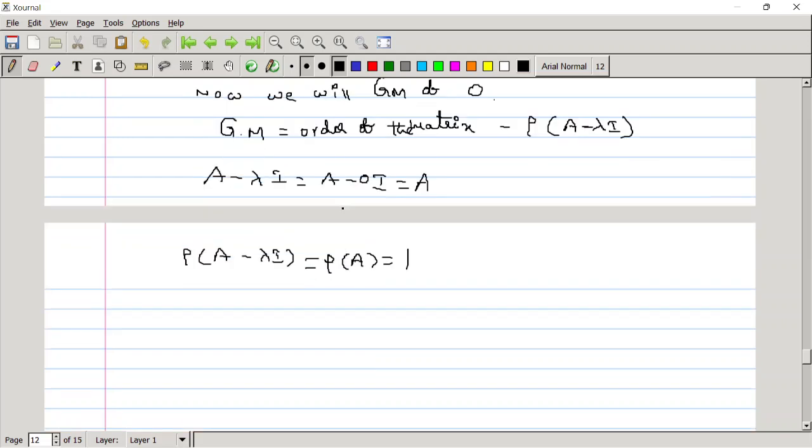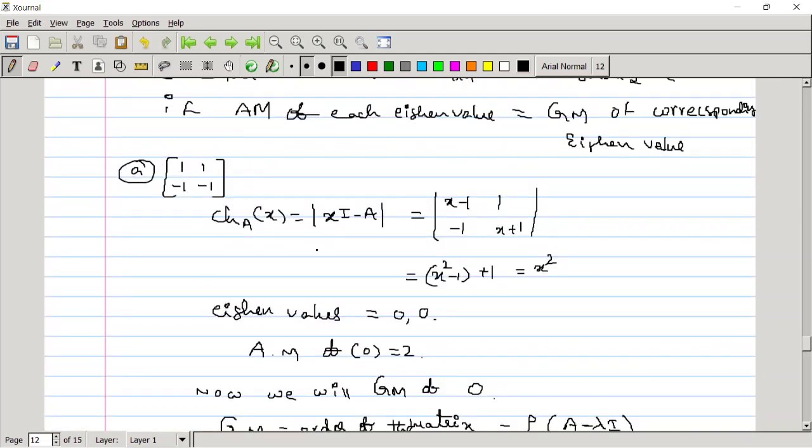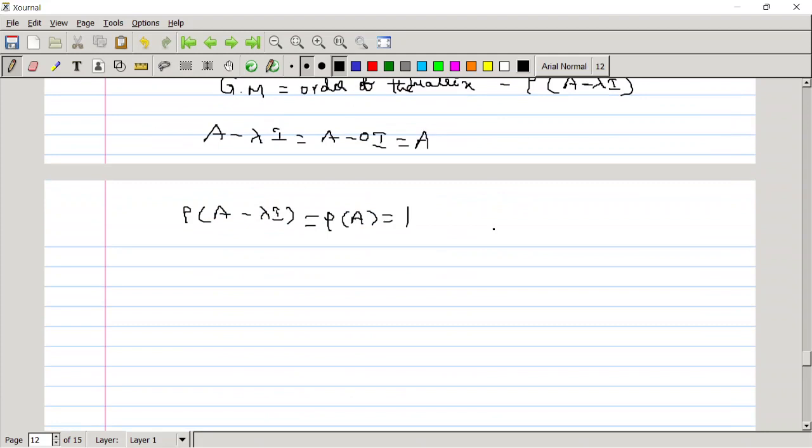I don't mean that whenever the determinant is 0, rank is 1. For this matrix 1 1 minus 1 minus 1, the rank is 1, which you can calculate. So the geometric multiplicity of 0 is 2 minus 1, which is 1, not equal to the algebraic multiplicity. Therefore A is not diagonalizable.